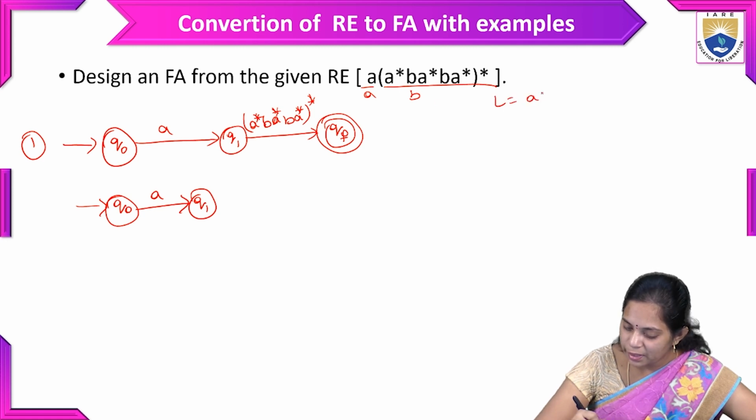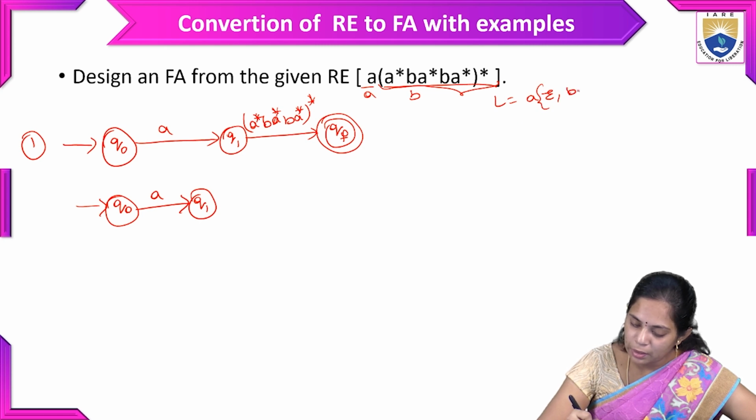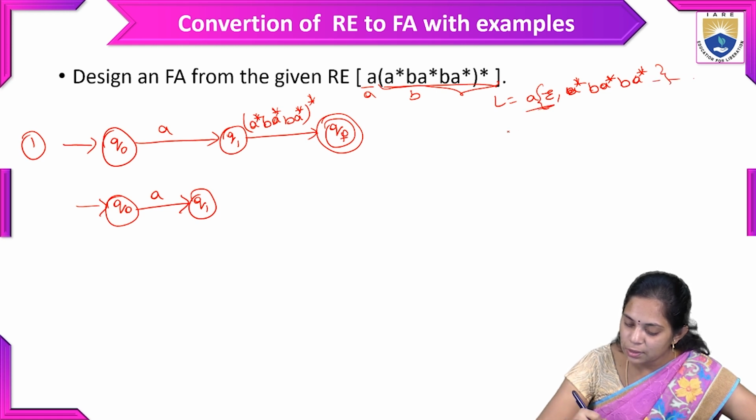So A must be there, and here this entire B star representation also includes the epsilon symbol. So epsilon, comma B, and A star, B, A star, B, A star, and so on. So for this first attempt, A comma, all this will happen.